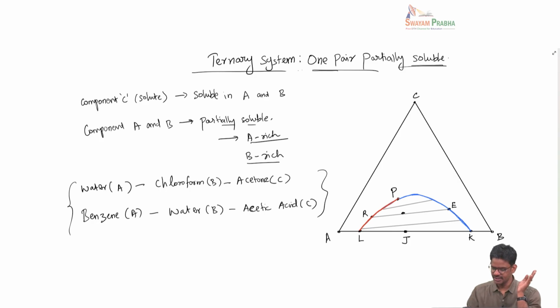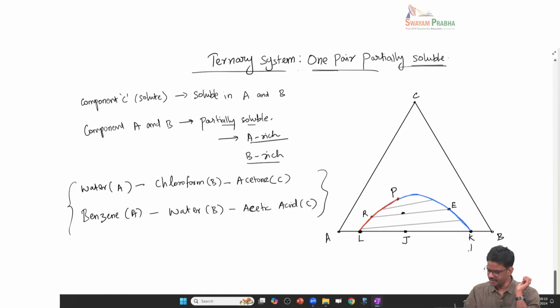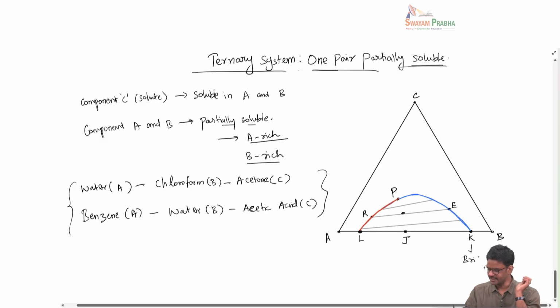One will be rich in A corresponding to point L, and another one corresponding to point K. So point K is the B rich phase and point L is A rich. So that is one feature.